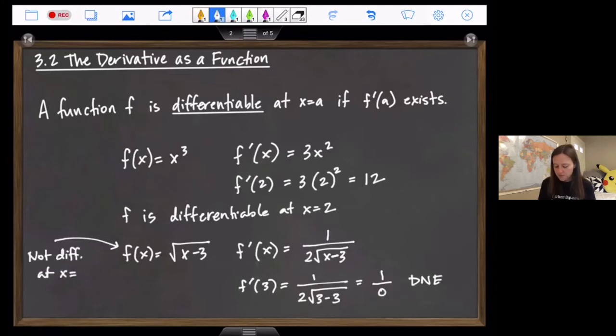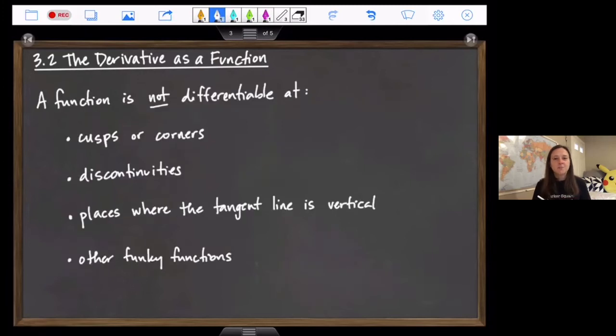In general, if a function is differentiable at every value of x, like x cubed appears to be, then we just say that that function is differentiable. We don't specify a particular x coordinate. Graphically, it's pretty easy to tell where a function is differentiable or not. A function will not be differentiable at cusps or corners. So a cusp would be something like this, where there's some little curvature to it.